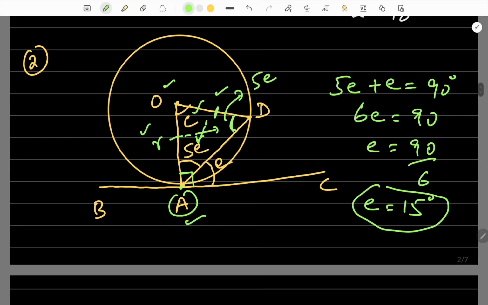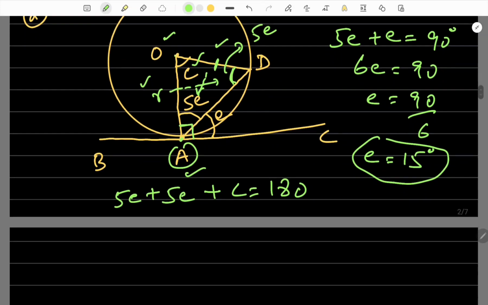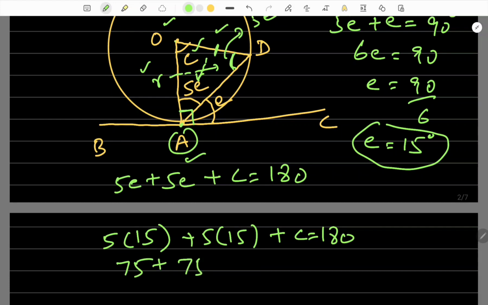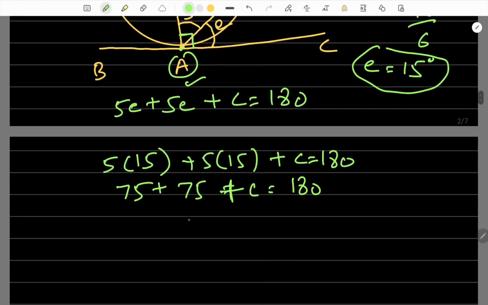So just plug in the values. The sum of interior angles is 180. So 5e plus 5e plus c is equal to 180. Any doubt? And we know e is 15. So 5 into 15 plus 5 into 15 plus c is equal to 180. So 75 plus 75 is 150.